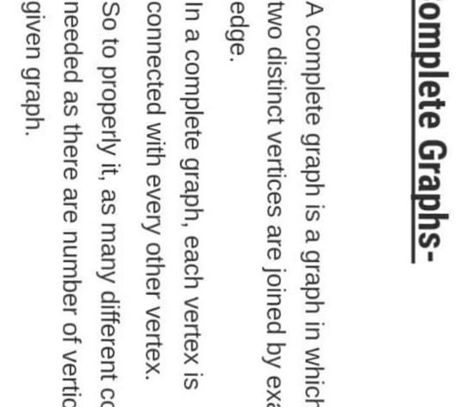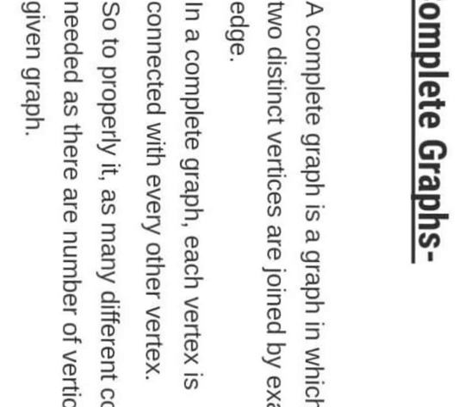If we have a complete graph, then what will be the chromatic number for a complete graph? According to the definition, a complete graph is a graph in which every two distinct vertices are joined by exactly one edge. In a complete graph, each vertex is connected with every other vertex.